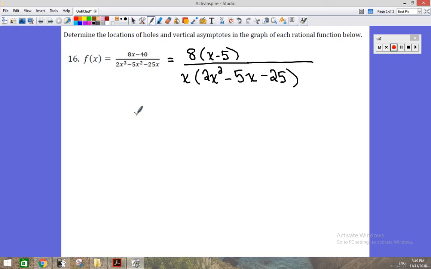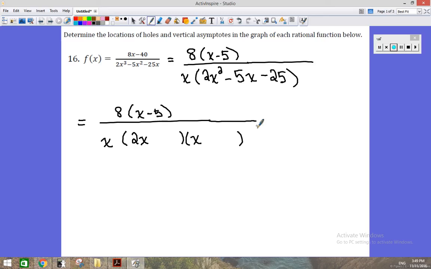If we can't, we can use the quadratic formula to find the zeros. The leading coefficient's a prime number, so at least that makes it easier. And my 25, well, 1 times 25 or 5 times 5, so I suspect it'll be 5 times 5.